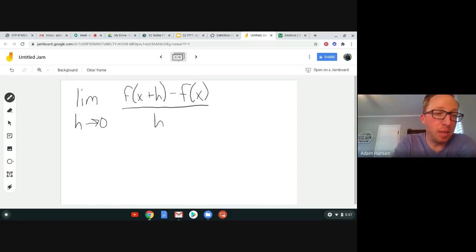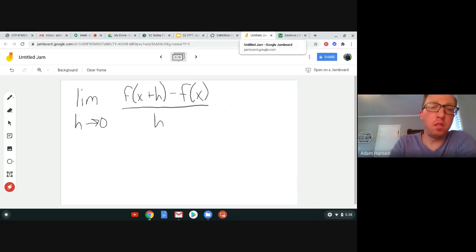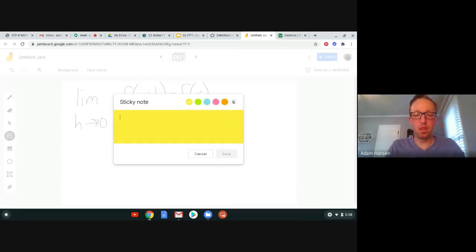Once again, I can't just substitute h equals 0 into my difference quotient here because I would be dividing by 0. I'm going to let h get so close to 0 that it's essentially the same thing. This is what's called the derivative, or instantaneous rate of change.